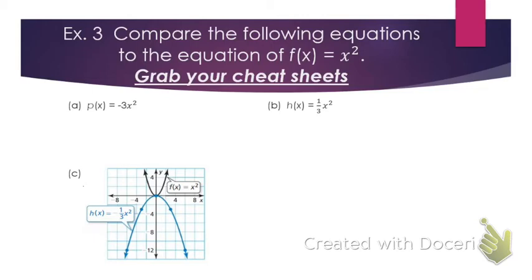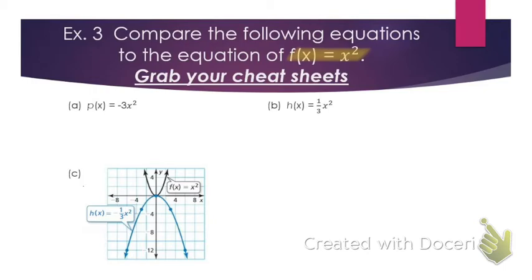But before we move any further, let's talk about f of x equals x squared. Does anybody remember what we called this? F of x equals x squared. This is where every single graph would start, and then we would transform it. We would move it up, down, right, left. We would reflect it, or we would stretch it or shrink it. Does anybody remember what this first formula is called?